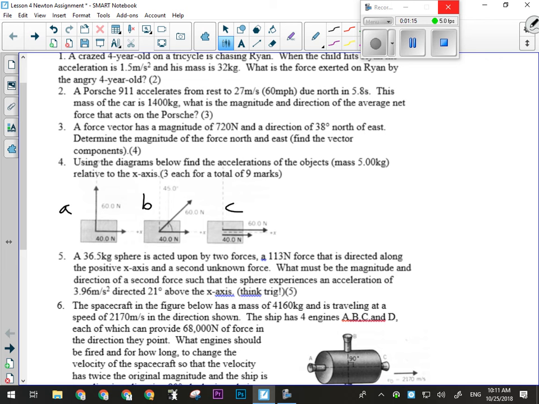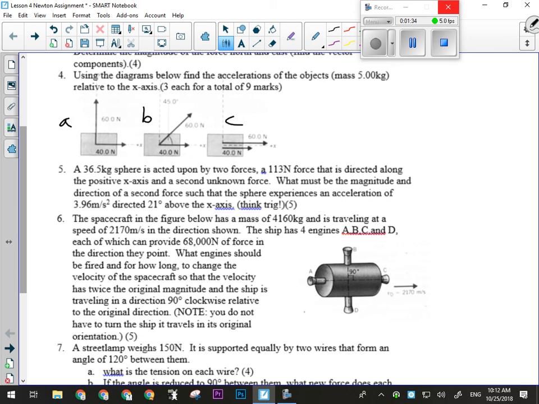Its mass is 5 kilograms. Find the acceleration of it based on the forces and the directions they're acting. So you have to do whatever you have to do to find the acceleration in those 3 situations. Make sure you're looking at them in terms of vectors and things like that.